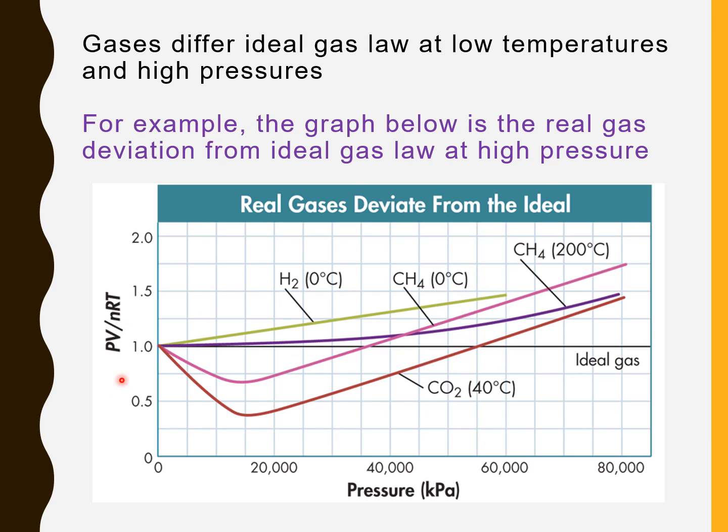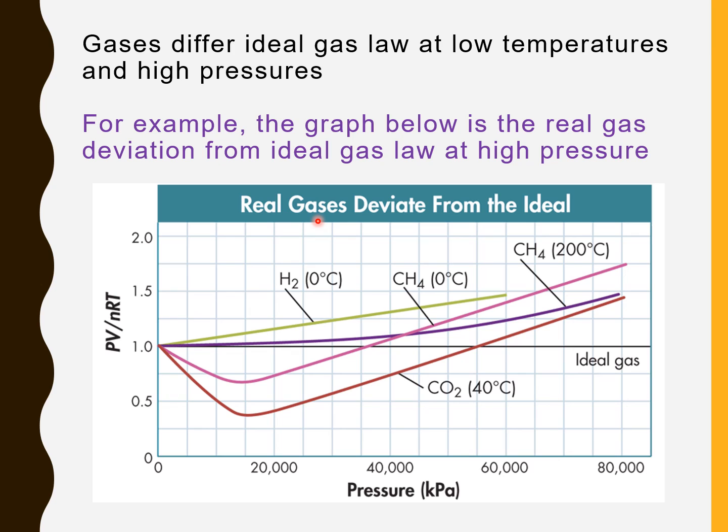When PV is divided by nRT, the value should be 1. But at high pressures there is a deviation for H2 gas and methane, with slight increases and decreases. There is always a deviation because real gases can never have a constant temperature and pressure. That is the difference between real gases and ideal gases.